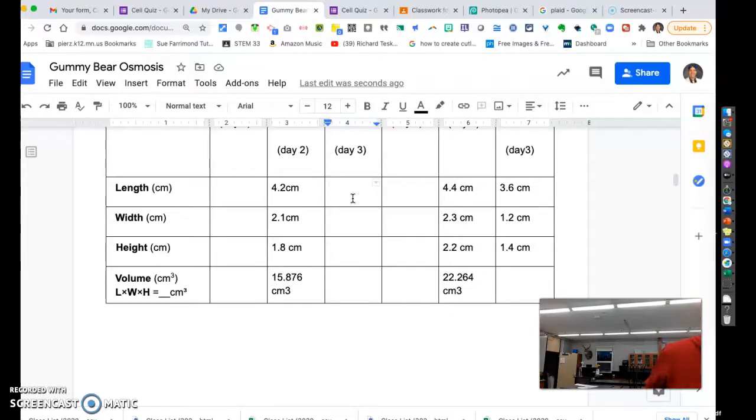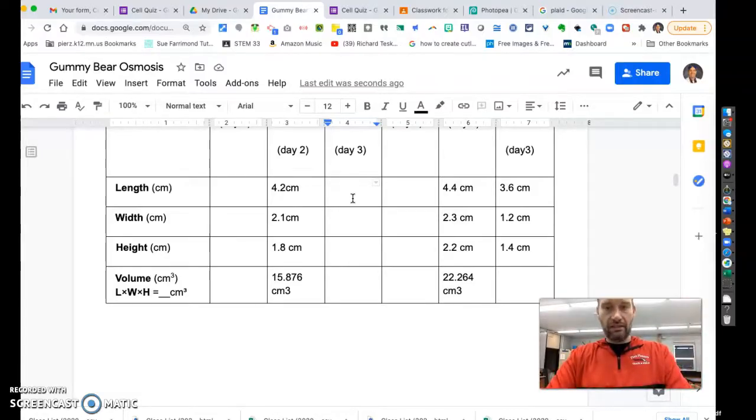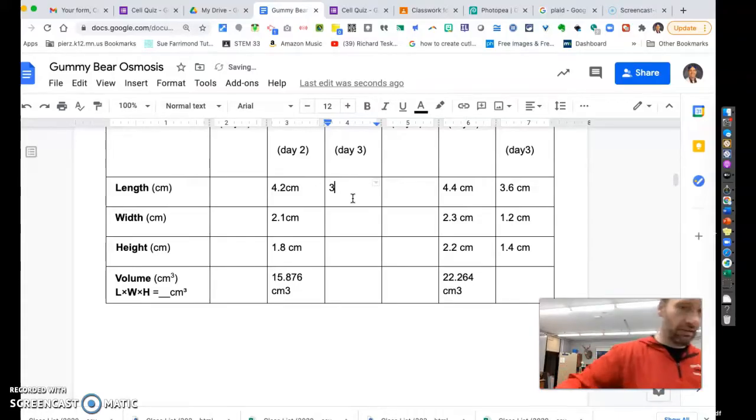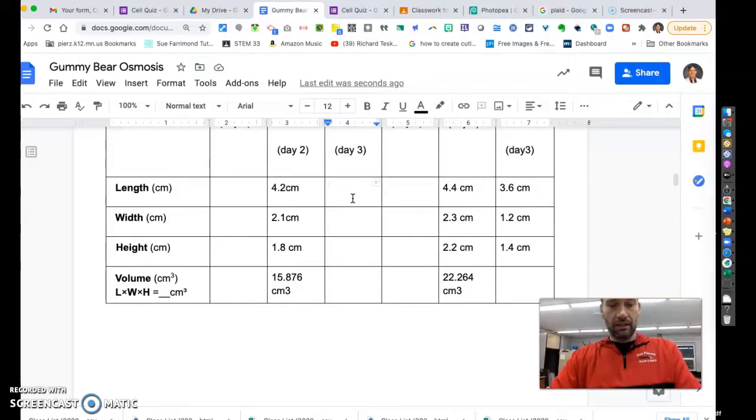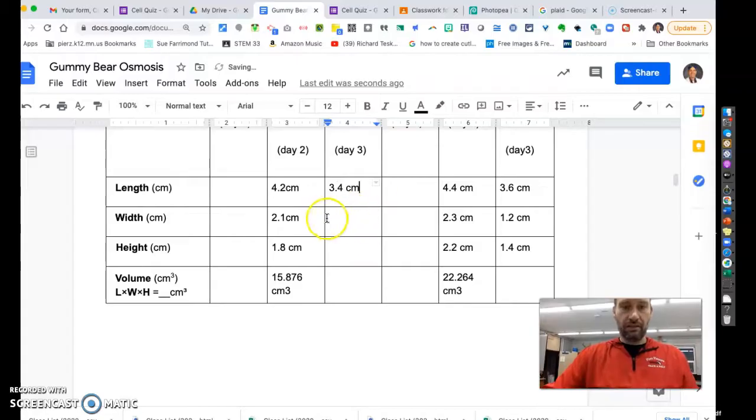Okay, let's go over to the red one. Make that measurement. Okay, looks like we are at 3.8. Oh, wait. I might have measured that wrong. Oh, yeah, hold on here. 3.4 centimeters.